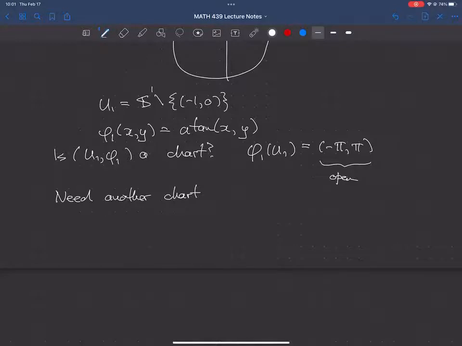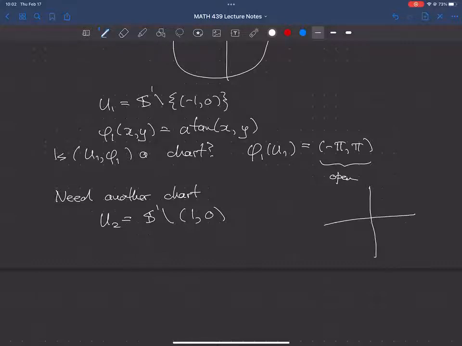My other chart is going to be U2, which is S1 take away 1, 0. So now I'm going to do my chart going the other way. I'm going to omit that point, and then define the angle like so.